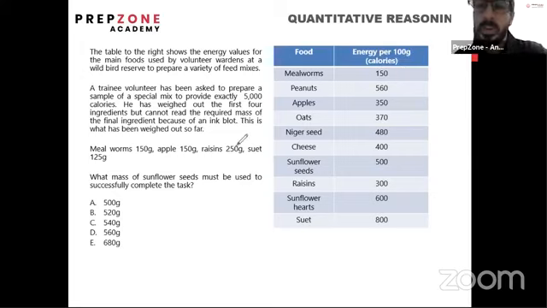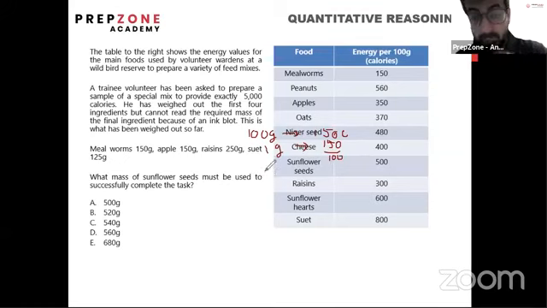How much would it be for 150 grams? 100 grams is equal to 150 calories. 1 gram is 150 over 100.